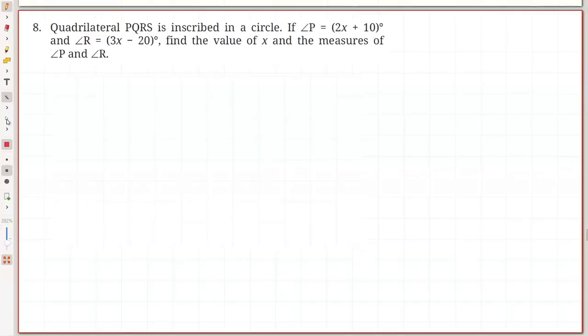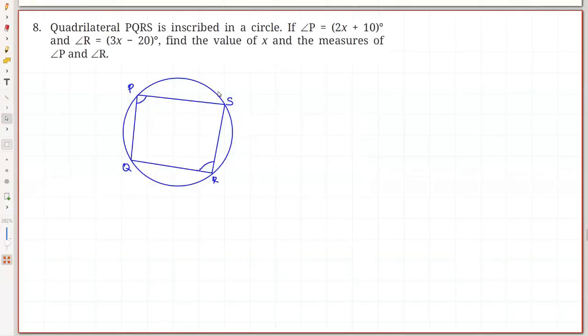Let me show the diagram here. I have drawn the cyclic quadrilateral. PQRS is inside the circle, that's why I can write quadrilateral PQRS inscribed in a circle.